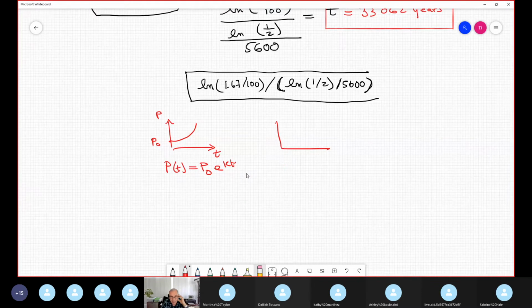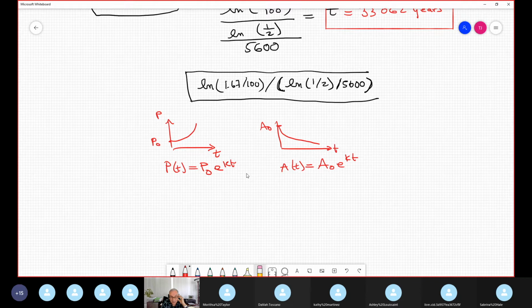And the decay problem is similar. It doesn't matter the letter we use. It's e to the kt, but in this case it's going down, decreasing. This is A null, this is time. And k controls how fast it decreases.